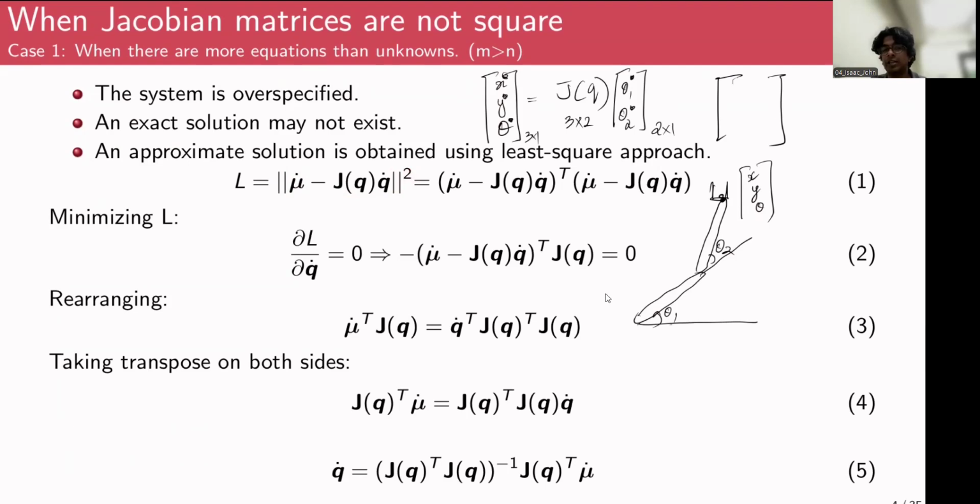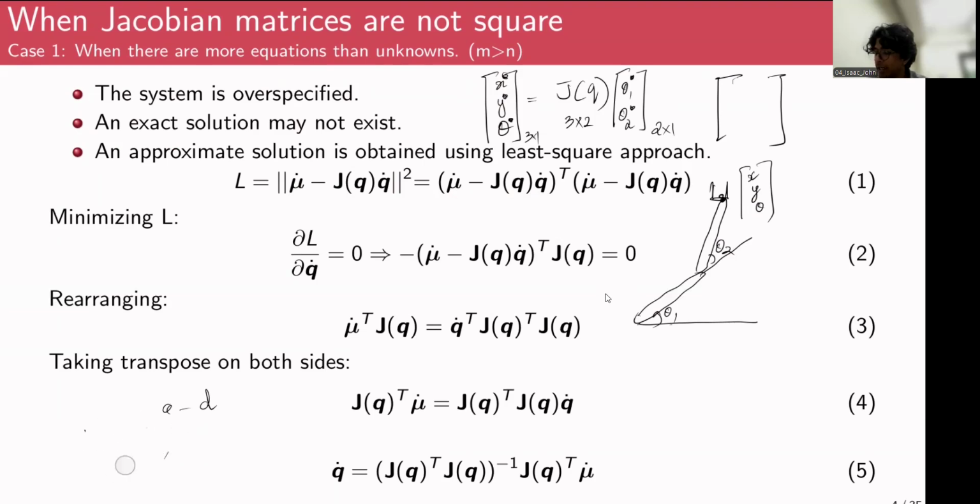Equivalently, you can also use this notation, because if you have two vectors A and D, the distance between these two vectors can be written as vector A minus vector D, the whole square.